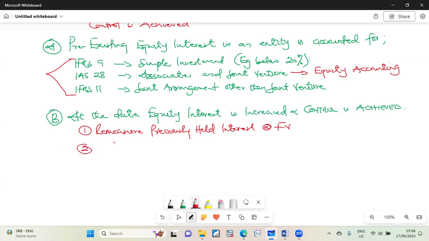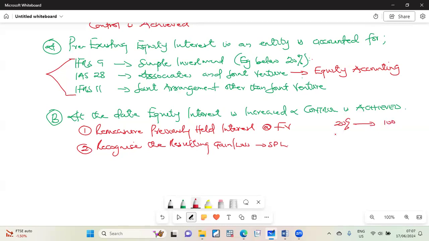Step 2. You will recognize the resulting gain or loss on that remeasurement, and that will go into your SPL. Let's say previously I had 20%, and that 20% was 100,000.